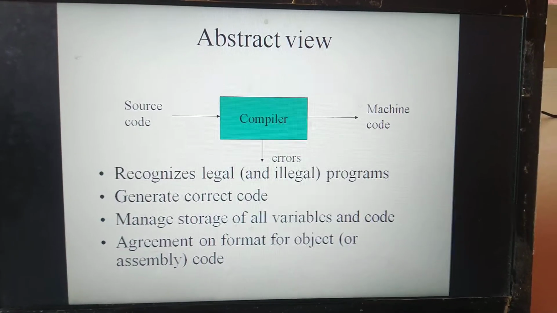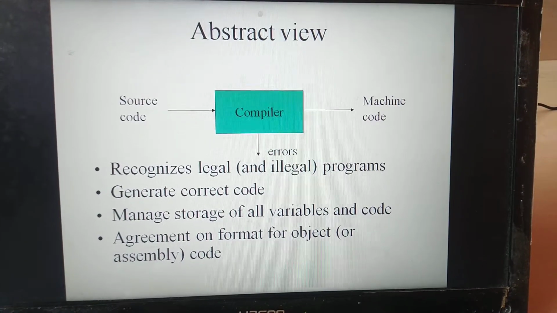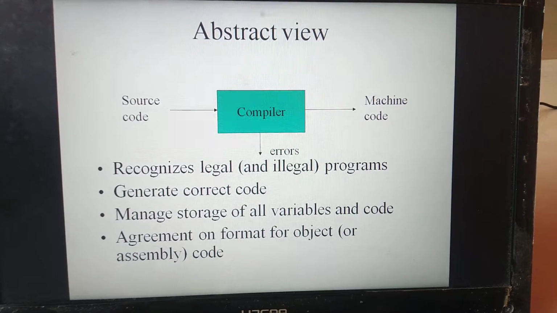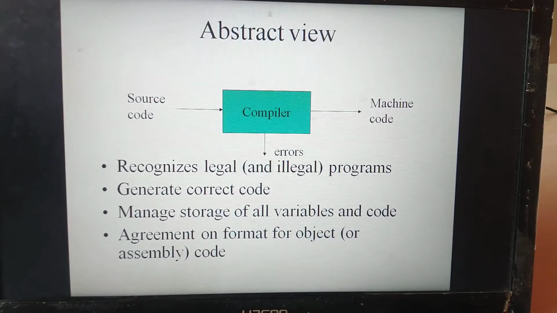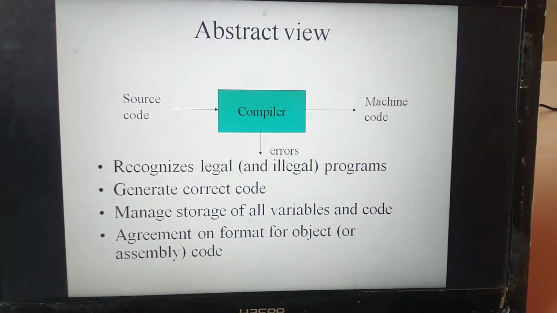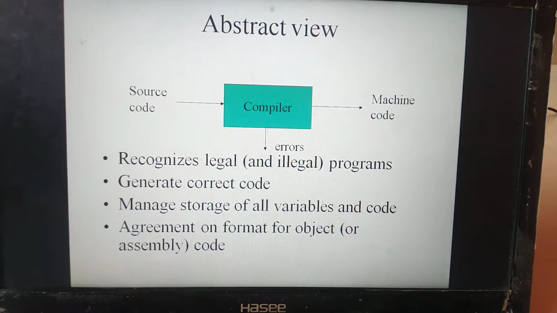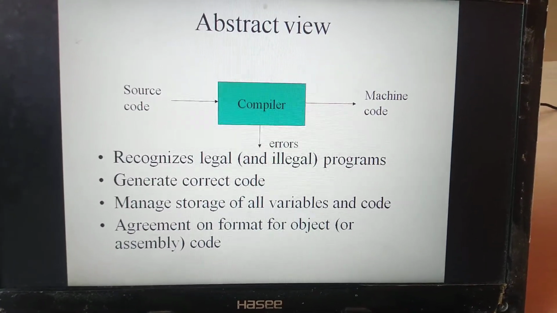The source code is the input. Using the compiler without errors, we get the target code, also called machine code, as the output. It recognizes legal and illegal programs. It generates the correct code. It manages storage of all the variables and code, and an agreement on the format for object or assembly code.